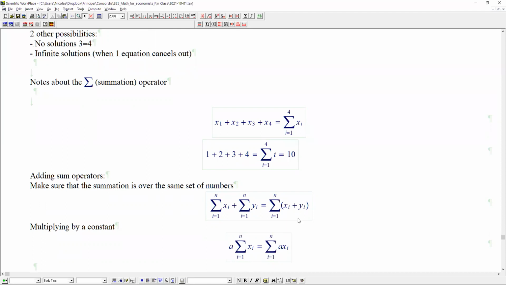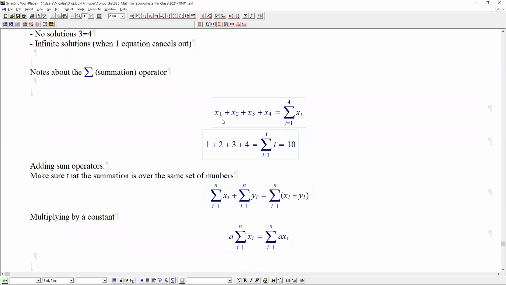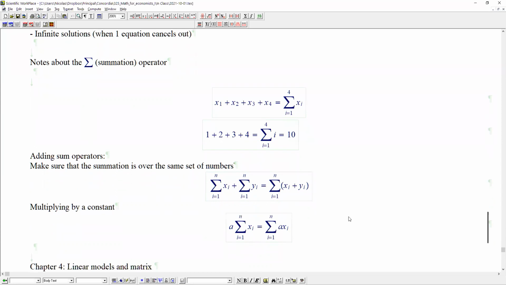So this is quite easy too. You just think, well, if I have x1, x2, x3, x4, then if I add them, it's the same as if I add them together and then multiply the whole thing by a, of course. Useful for polynomials.